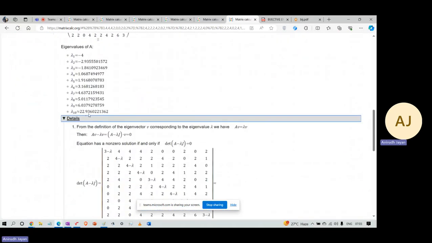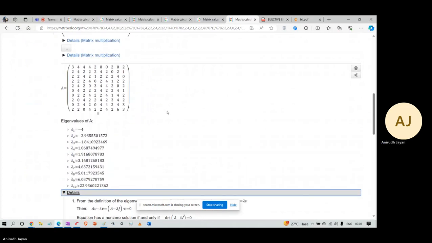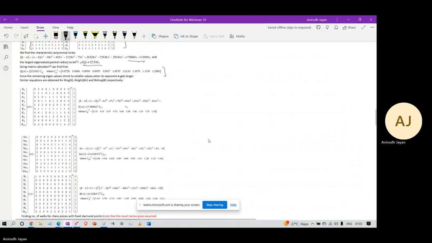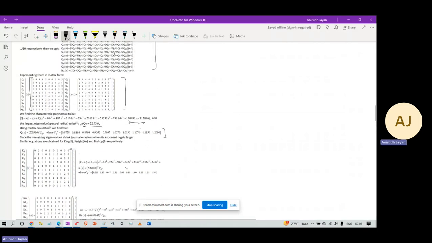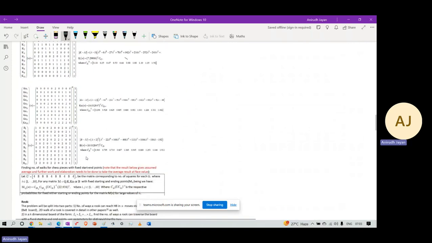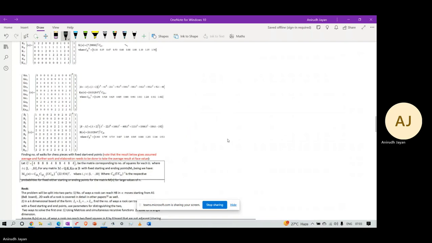One can find the largest eigenvalue as 22.936 with the coefficients. Now, the same is repeated for the king, the knight, and the bishop, respectively.